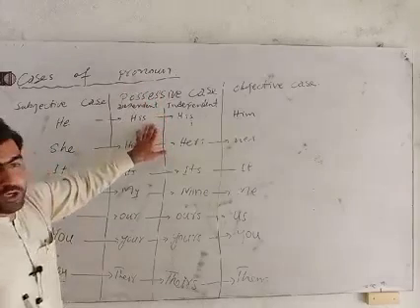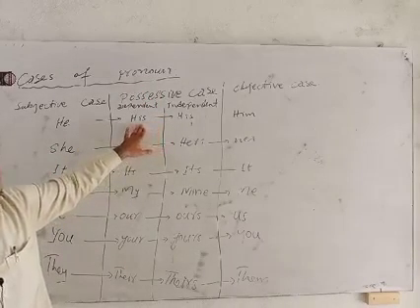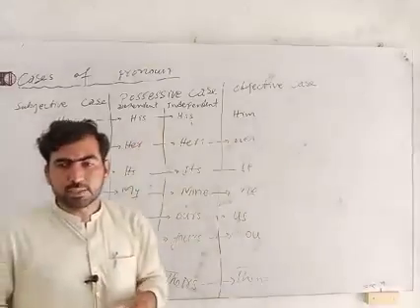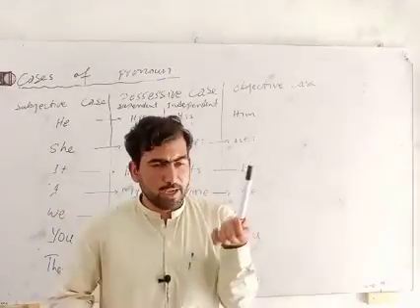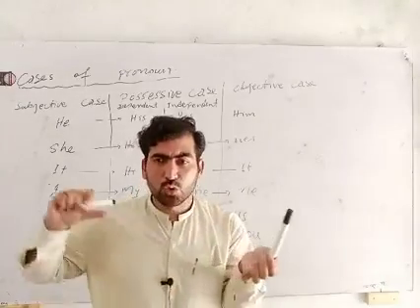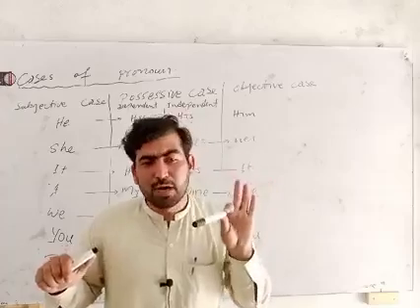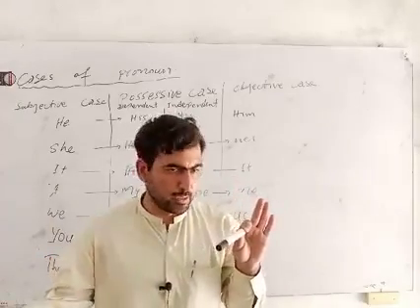Possessive case is when you talk of the ownership of something. Suppose I say that this marker is mine, like it's my ownership, I am the owner of this marker. Which pronoun will I use for it? I would say this is my marker, or this marker is mine.